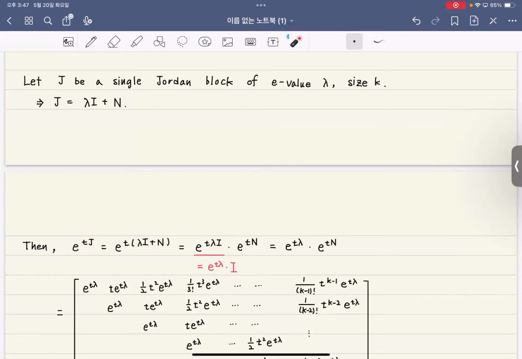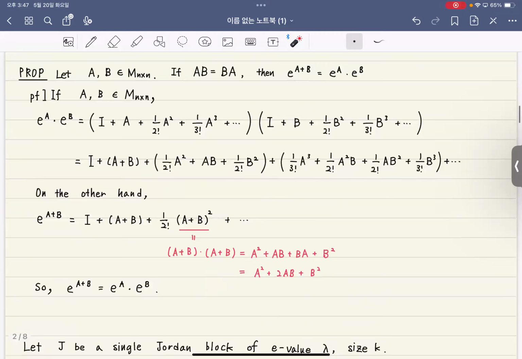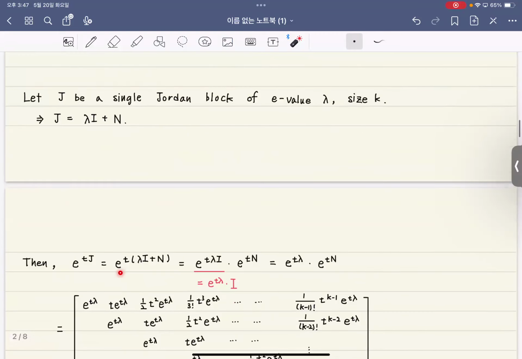Because lambda I is just a scalar multiple of the identity matrix, and the identity matrix always commutes with any other matrix. Therefore, in this case, the matrix exponential can be factored into e^(t lambda I) times e^(tN).